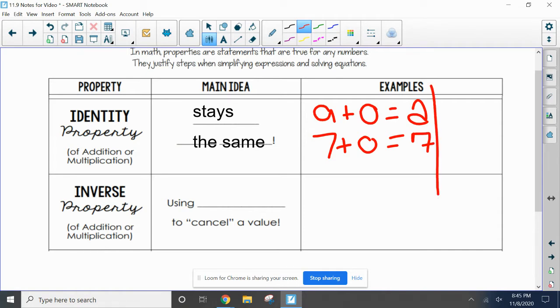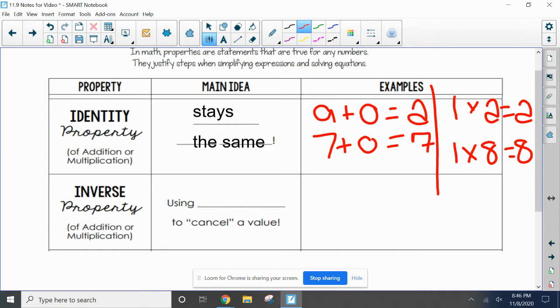So 1 times A is still going to give me A. And if we wanted to plug in a real number, 1 times 8, I'm still going to get 8. So the identity property states that if I add 0 to something, it's going to stay what it is. If I multiply anything by 1, it's going to stay what it is.